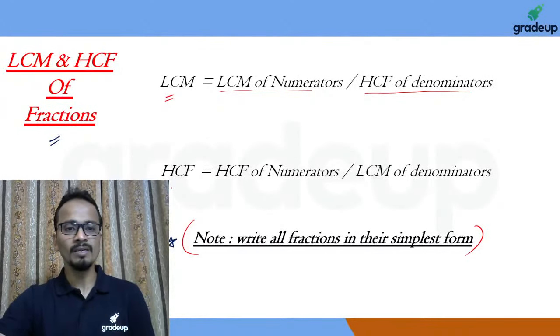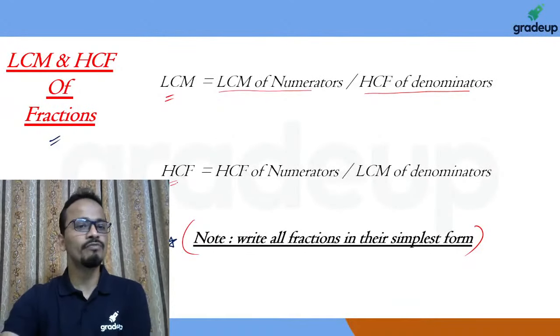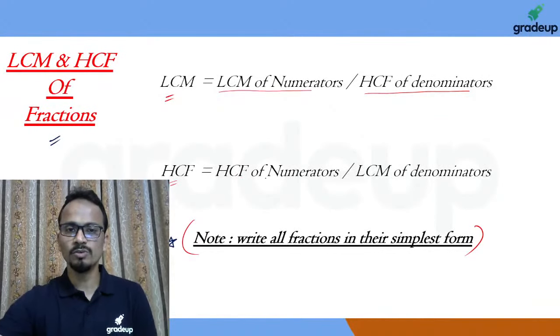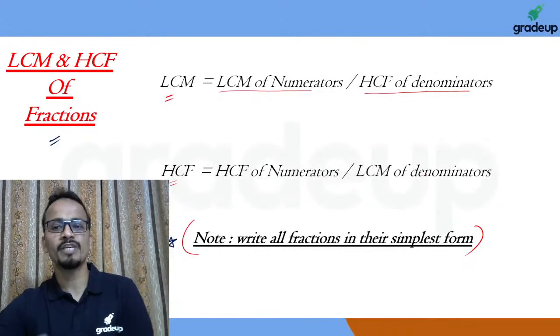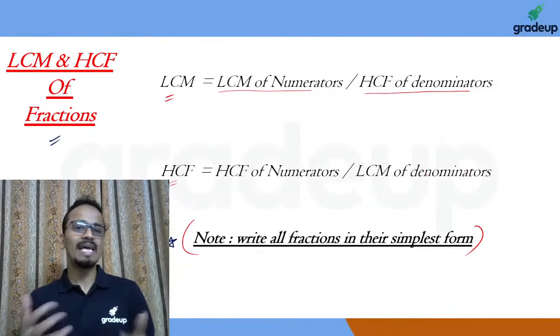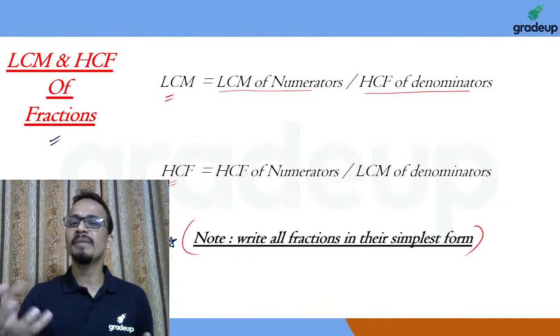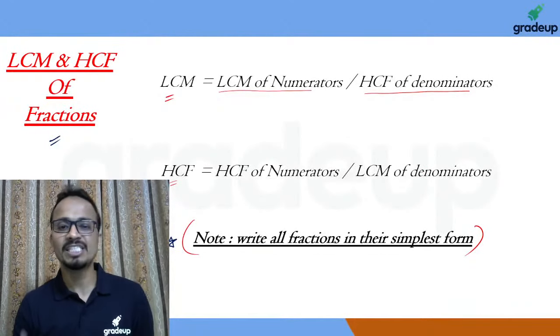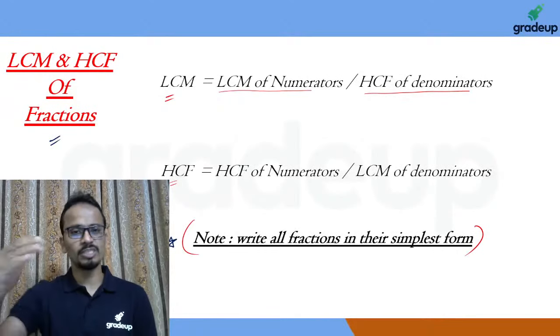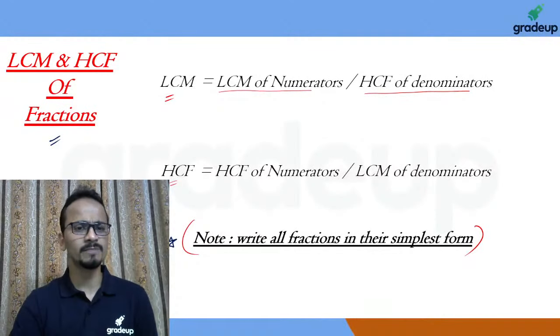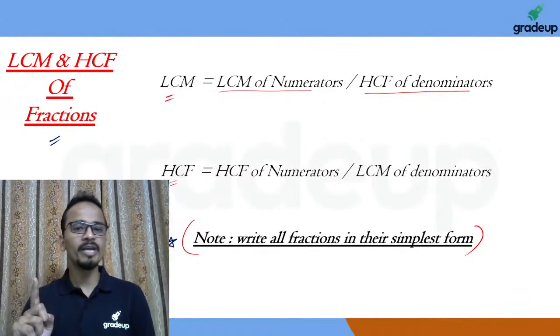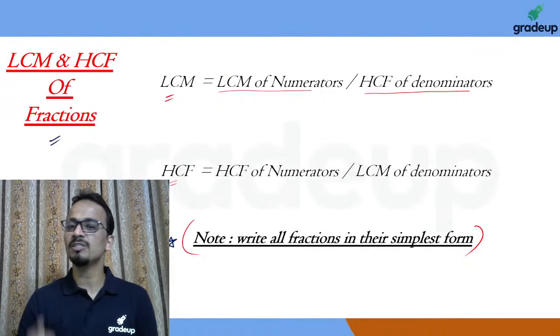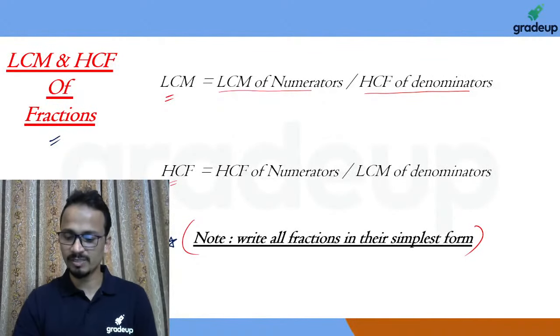Secondly, the HCF of fractions is equal to HCF of numerators divided by LCM of denominators. ठीक है ना? So अगर LCM कैलकुलेट कर रहे हैं तो न्यूमरेटर में LCM आएगा, HCF कैलकुलेट कर रहे हैं तो न्यूमरेटर में HCF आएगा. This is how you can remember these two things. But don't forget to convert all the fractions to their simplest form.